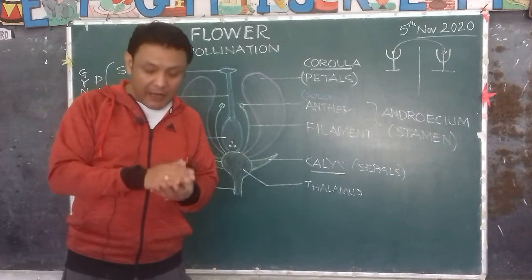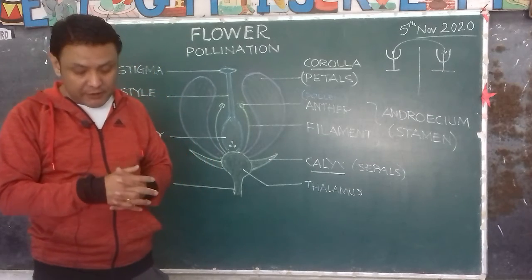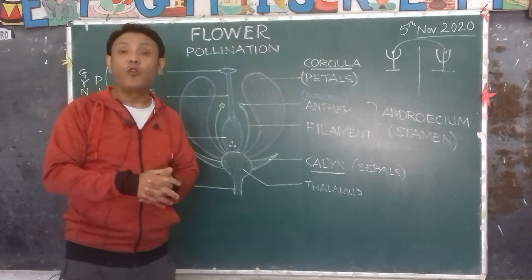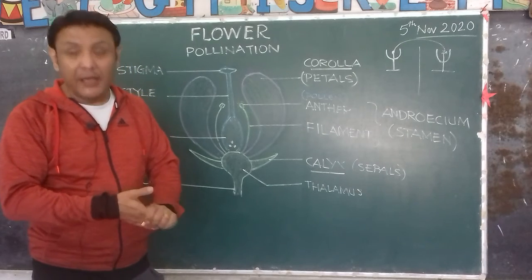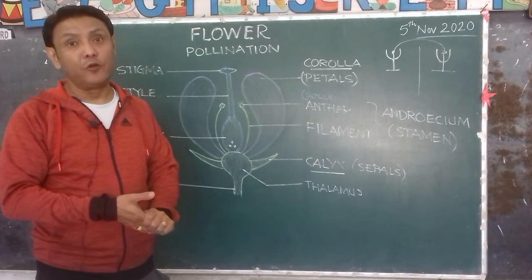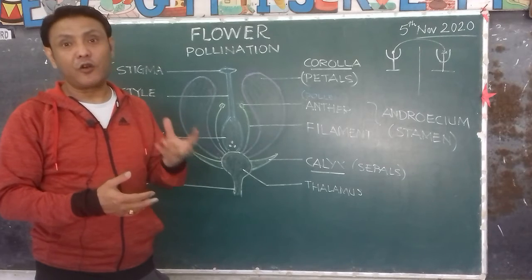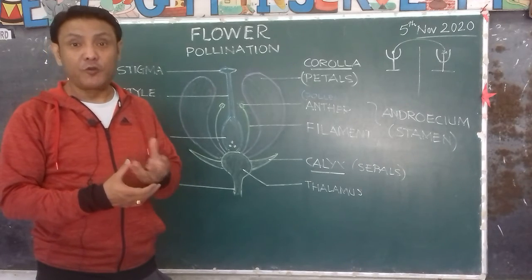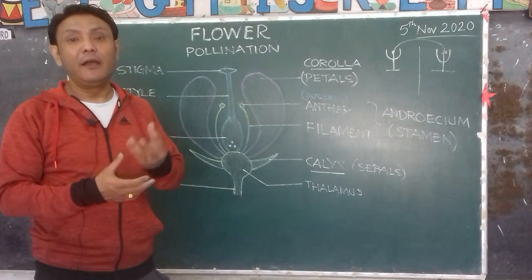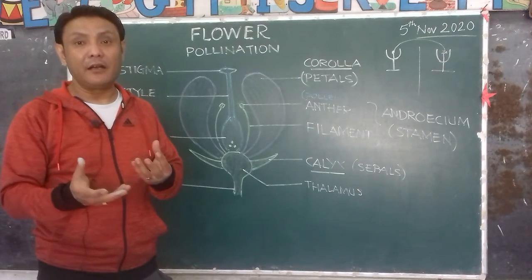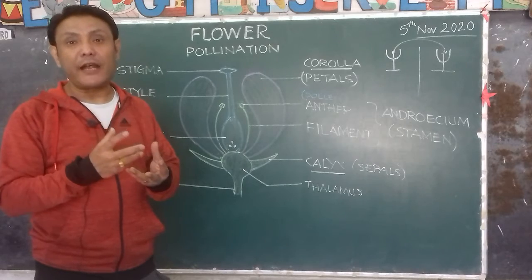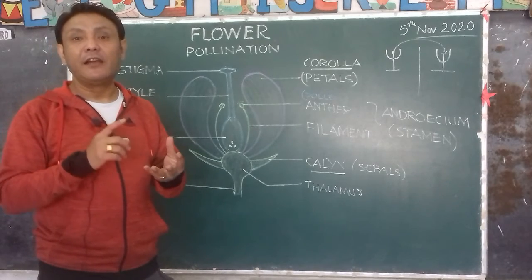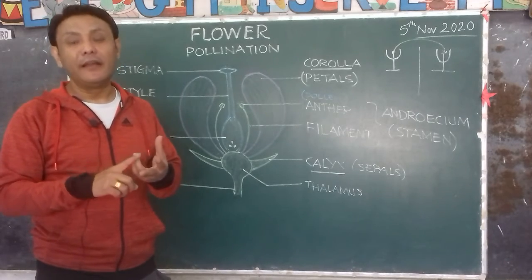So self-pollinated flowers are usually not very attractive. Whereas those flowers in which cross-pollination takes place need to be attractive, brightly colored, and they produce scent and so on. Why? Because they have to attract external agents like animals, birds and insects.